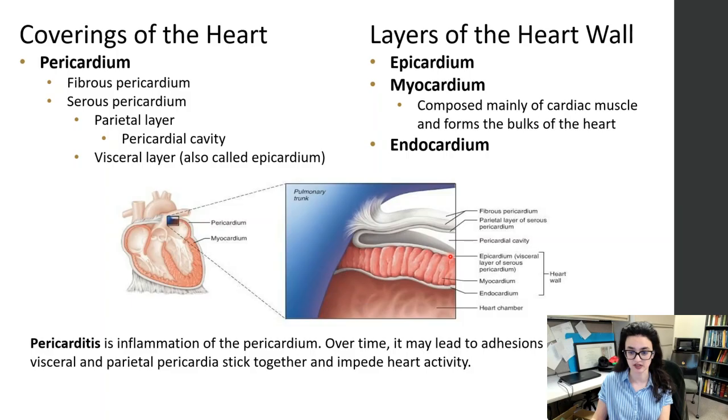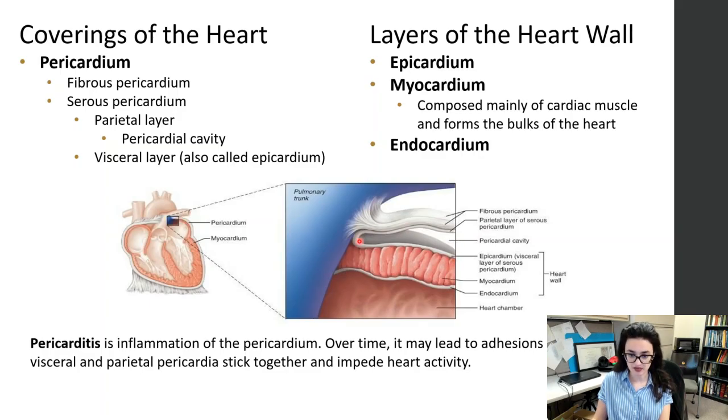Visceral means organ, right? So one part of that serous pericardium is going to be directly on the organ, directly on the heart, adhered to the heart's tissue, right? So visceral, right on the organ. And the other is going to be on the outside, parietal. Think of perimeter, right? So on the outside. So if we're going from superficial to deep, we hit fibrous, parietal serous, and then visceral serous pericardium.